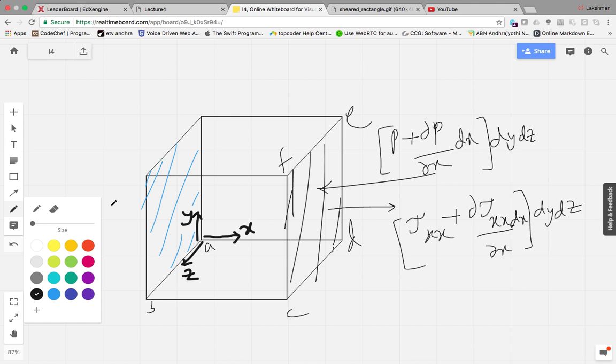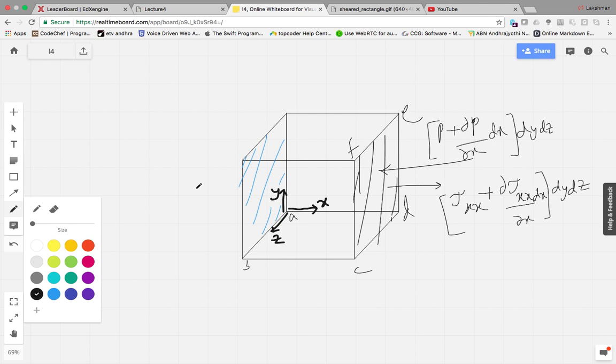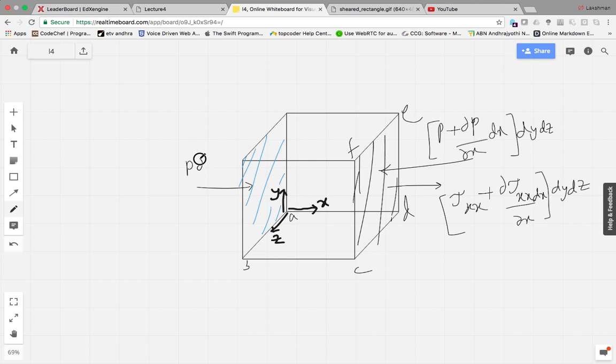So on the left side, the pressure force is acting to the right side because the fluid element on the left side is exerting force on this particular fluid element. So it's P multiplied by dy dz. Dy dz is the area of this highlighted face. And then again, the normal stress is acting to the left side because the velocity on the left side is less than the velocity on the right side, so velocity is increasing towards the right.